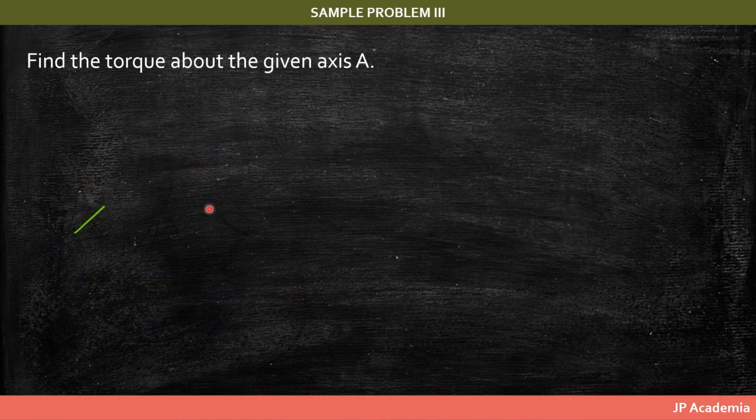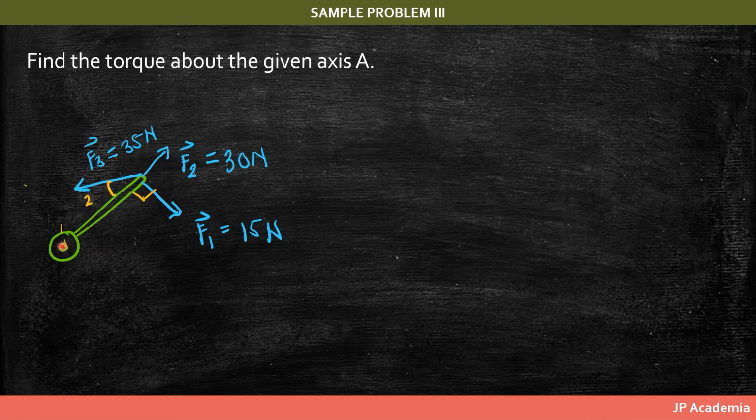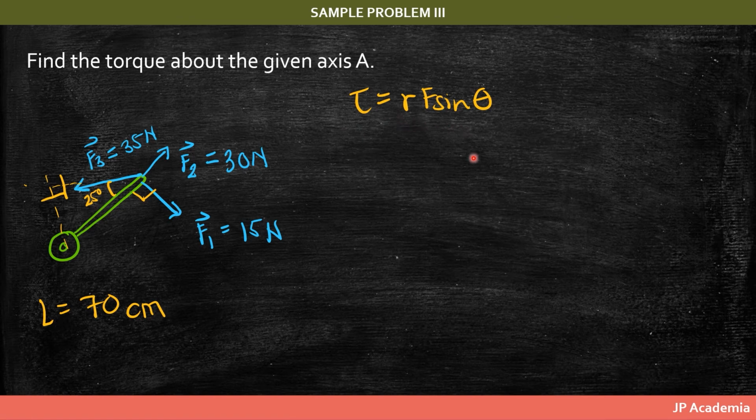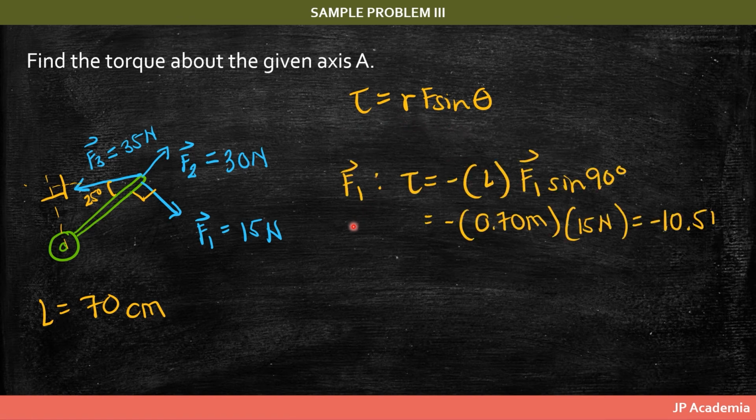Now, given this system, let us find the torque about this axis A, located here. And we have these three forces F1, F2, and F3. The length of this is 70 centimeters. So note that tau, or the torque, is equal to r F sine theta. And first, let's try to get the torque for F1.